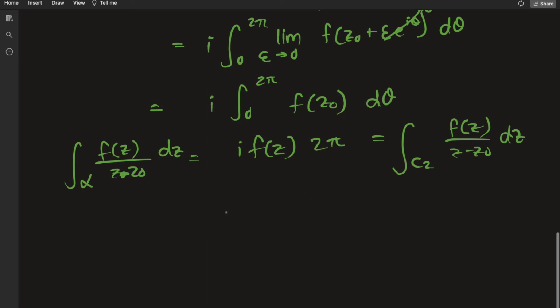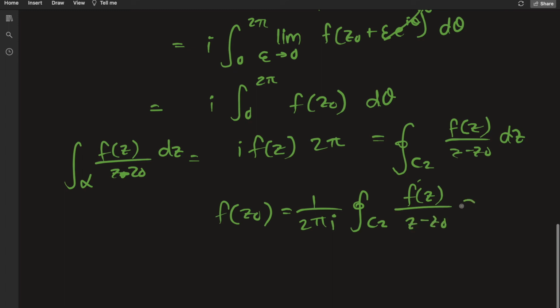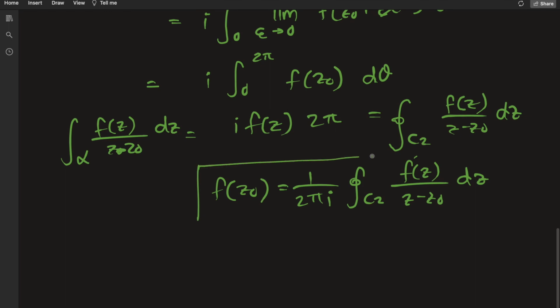And what you can do is simply isolate f of z naught. f of z naught simply becomes 1 over 2 pi i times the contour integral over C2 of f of z over z minus z naught dz. So that is your famous Cauchy integral formula.